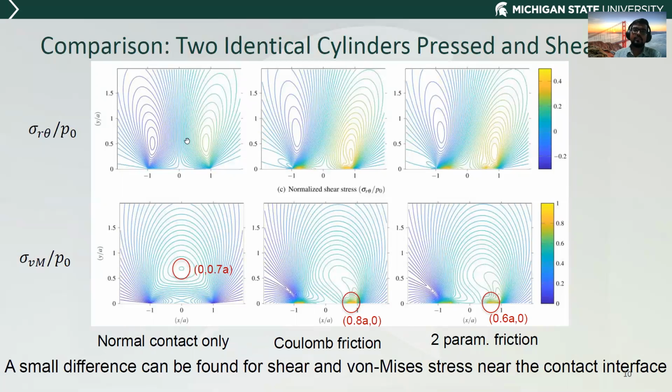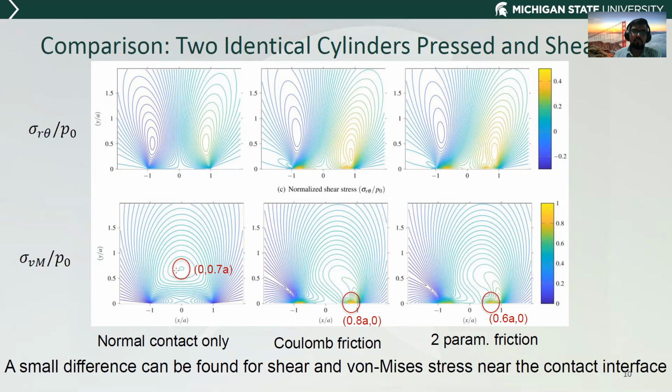For the shear stress, initially it was symmetric, but as we applied the lateral load, the symmetry breaks in both cases, and you can see that they are almost the same, but there is only a very small difference at the contact surface.